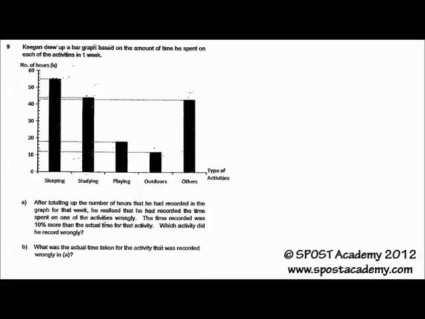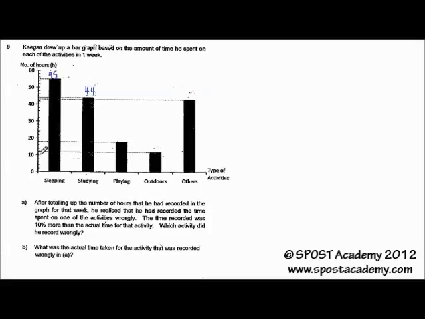So in questions like bar graph, the first thing we will do is to write down the figures on the bar graph. So looking at sleeping, you can see that this is actually 52, 54, 55, because it's actually in between 54 and 56. So this is 55. Studying is actually 42, 44.